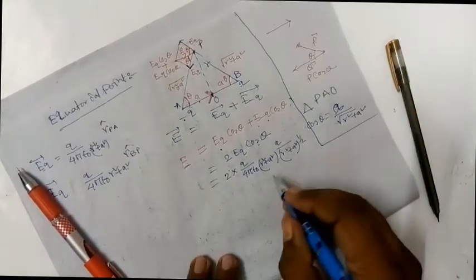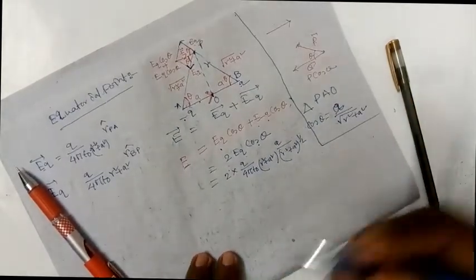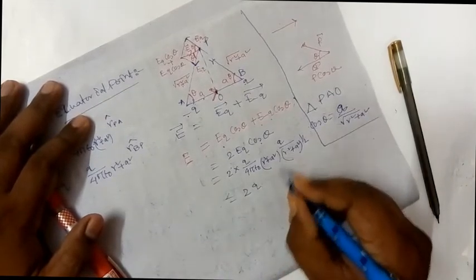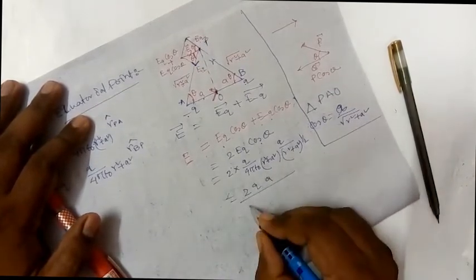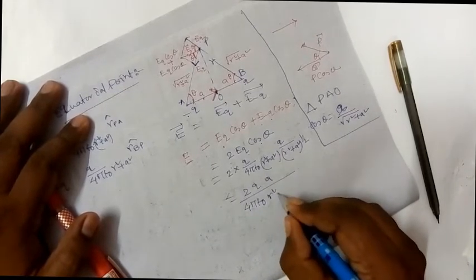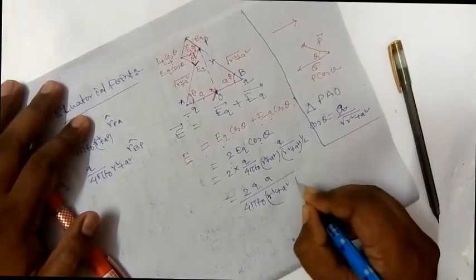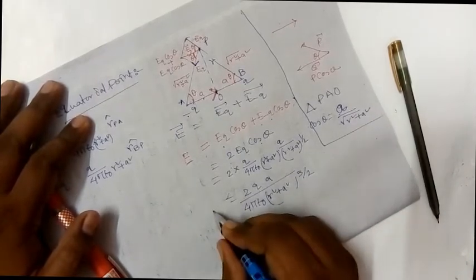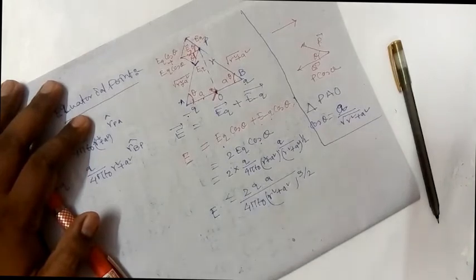Now just arrange it. So it is 2 into Q into A by 4 pi epsilon naught (R square plus A square), and the power becomes 1 plus half, so it is 3 by 2. That should be our magnitude.